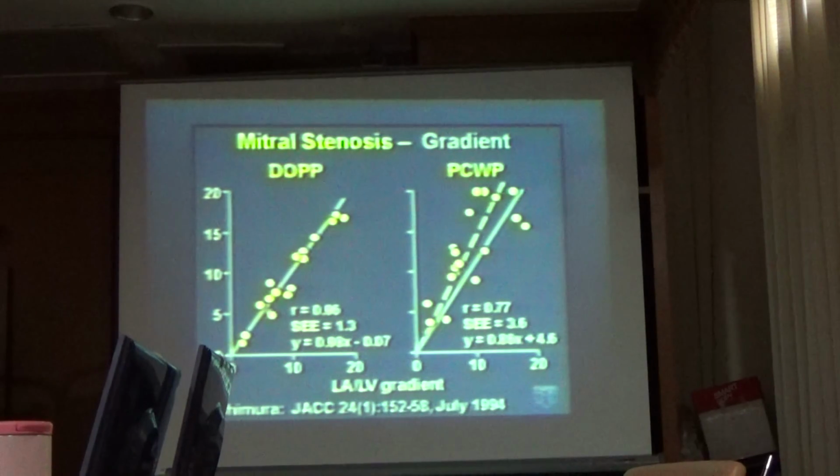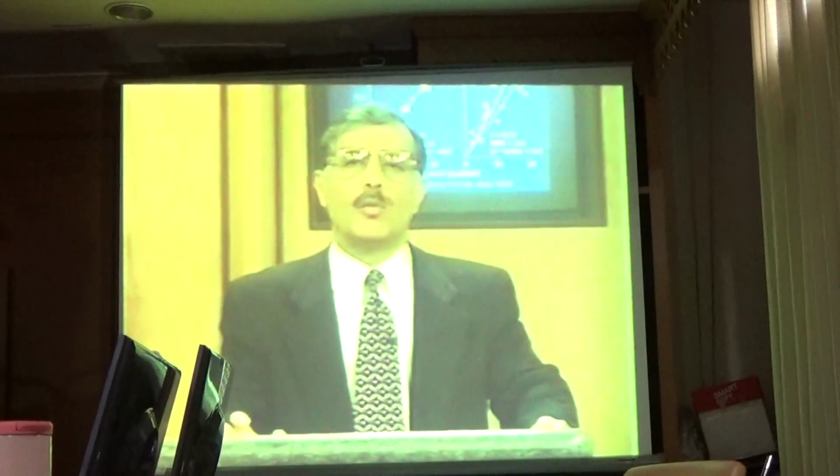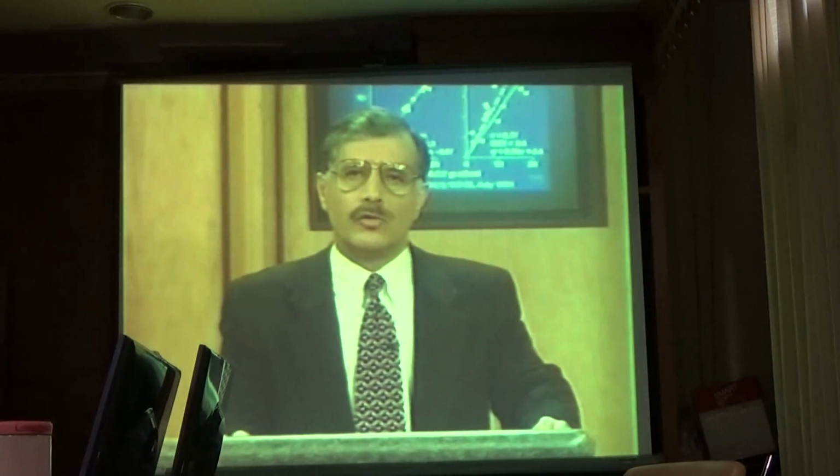So we can summarize from this study that currently Doppler technique can be utilized as the standard of measurement for gradient measurement in patients with native or prosthetic mitral stenosis.